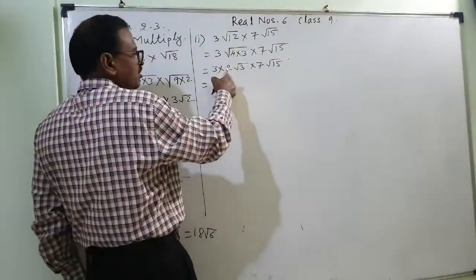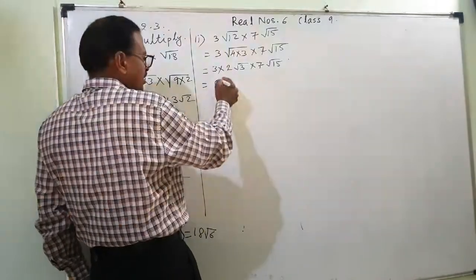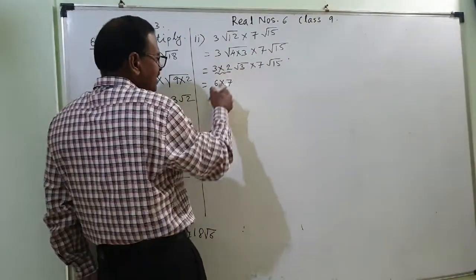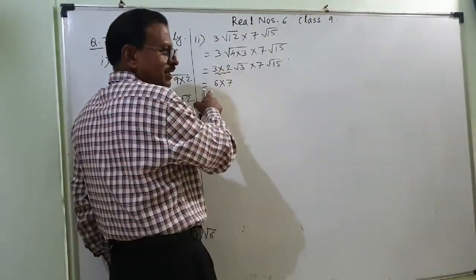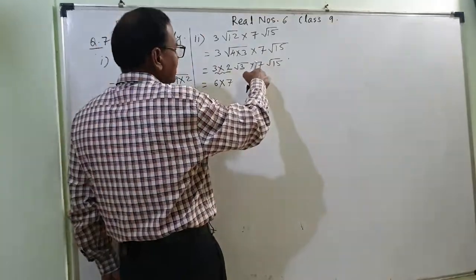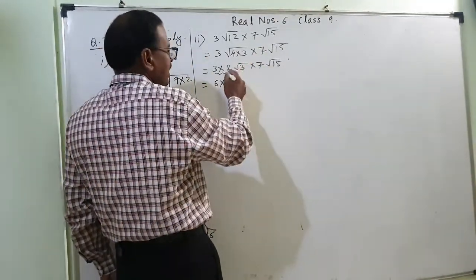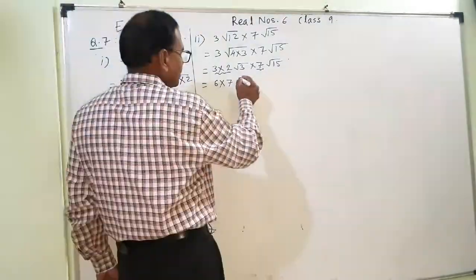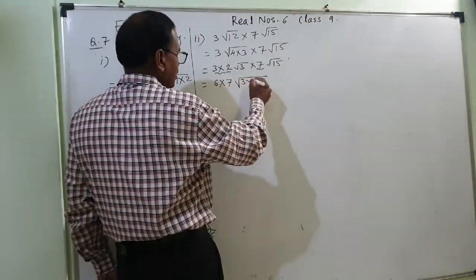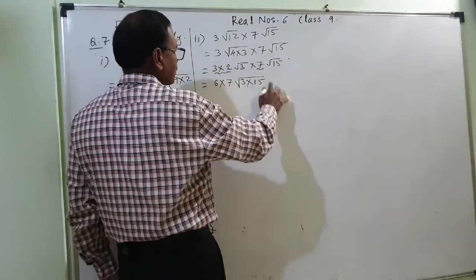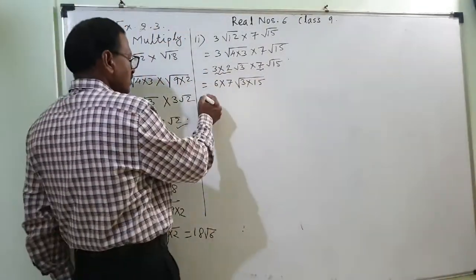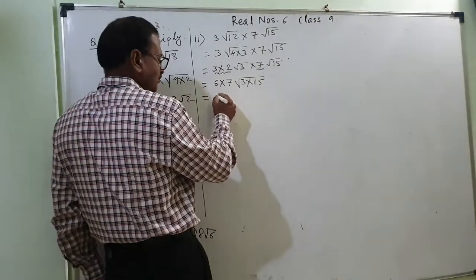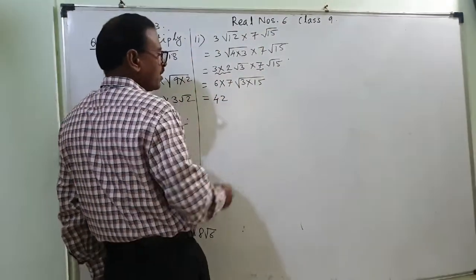So this is equal to 3 into 6, 6 into 7 now. Because this 3 into 6 is a real part, means it's a rational number, and this is also a rational number. The multiplication of the rational numbers first. And now what is remaining? Remaining is 3 into 15. Now, this is 6 7s are 42.